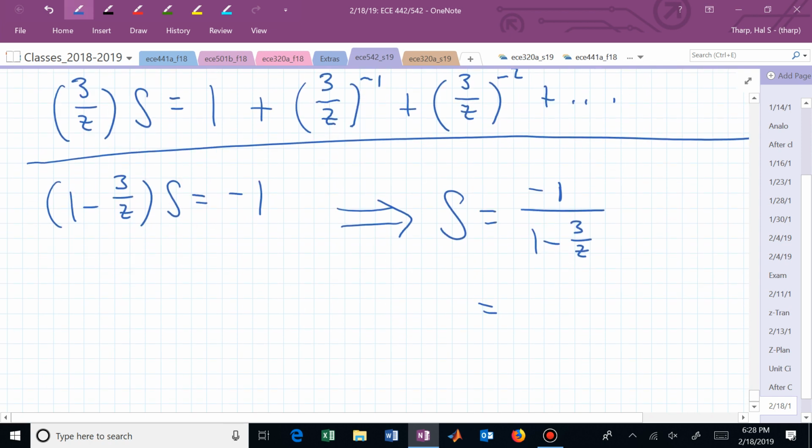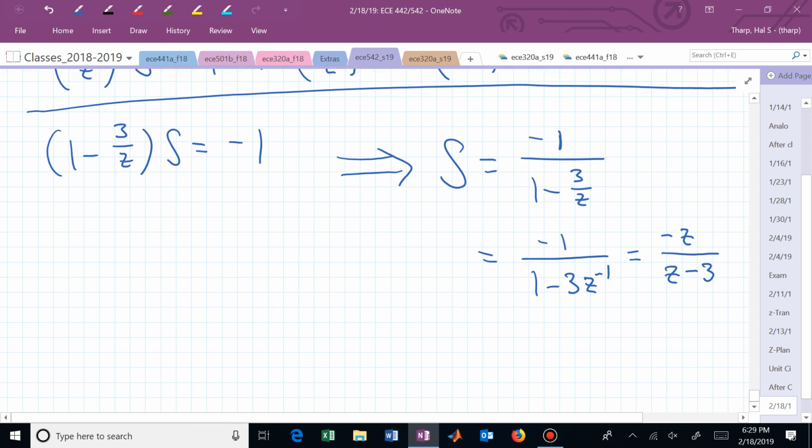Or you might see somebody write that as minus 1 over 1 minus 3 z to the minus 1. Or if we multiply both top and bottom by z, which is 1, which is allowed, it's minus z over z minus 3. And when is that bounded?